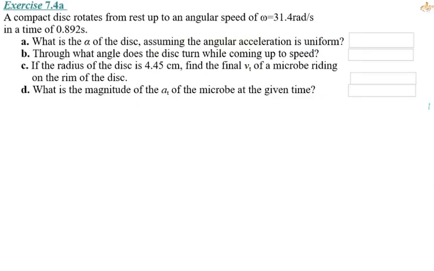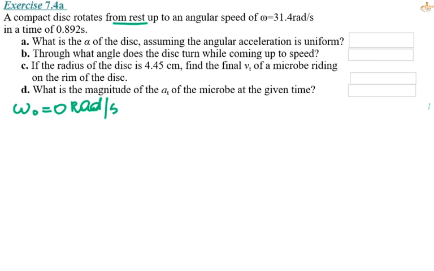Let's look at our first question in this section on angular velocity, and it's all about getting used to the new formulas. The questions are not difficult. It's all about getting used to what the new formulas are about and what information is given. So here I'm gonna do it slower so you understand it better. A compact disk rotates from rest. By from rest, I mean the initial angular velocity is 0 radians per second.